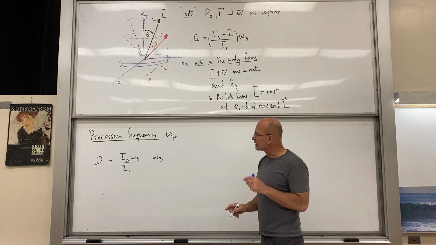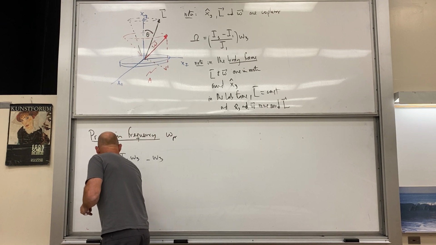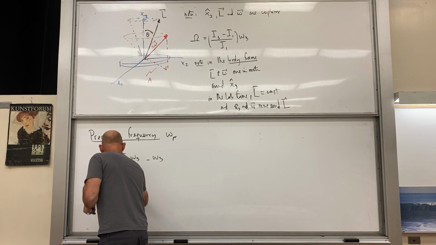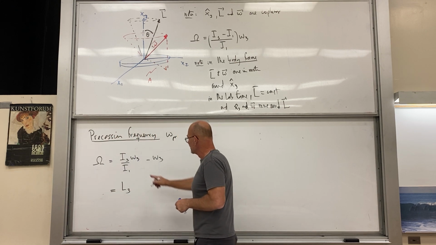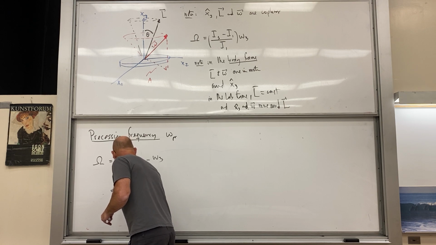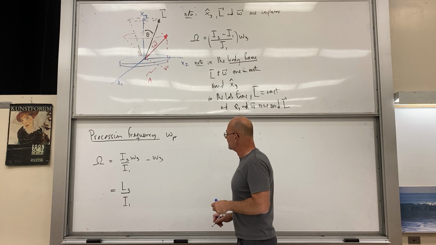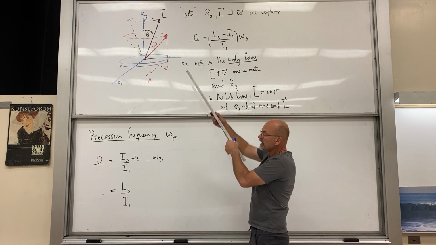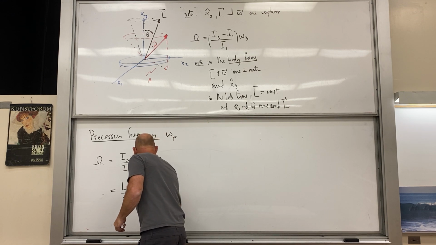Now there are a couple of different ways I can write this. This I3 omega 3 can also be written as L sub 3. So I have L sub 3 over I sub 1, and I introduced that angle theta, minus omega 3.